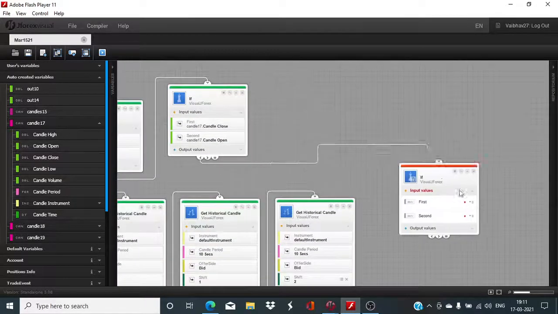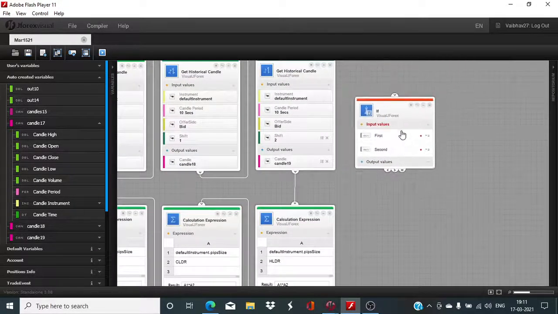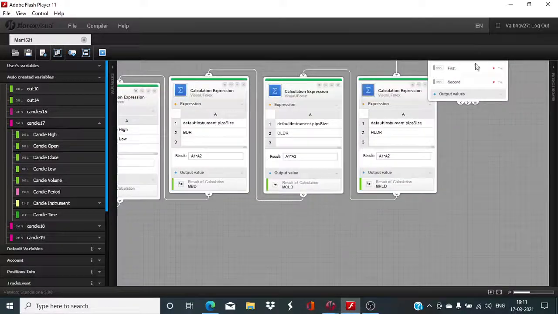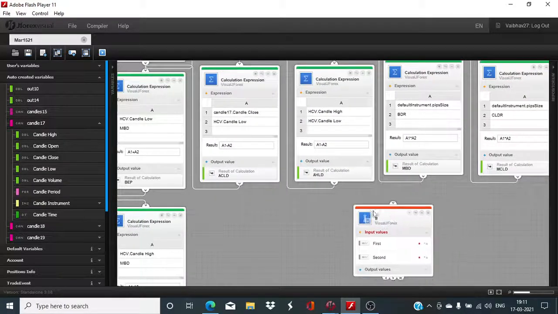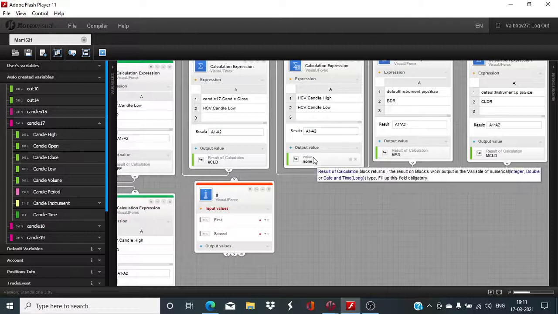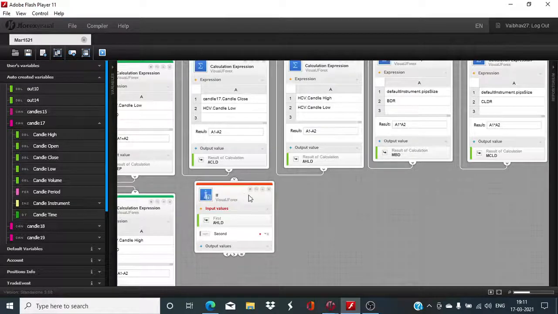We also want good enough price momentum. For that, the actual high-low difference should be more than 20 pips.